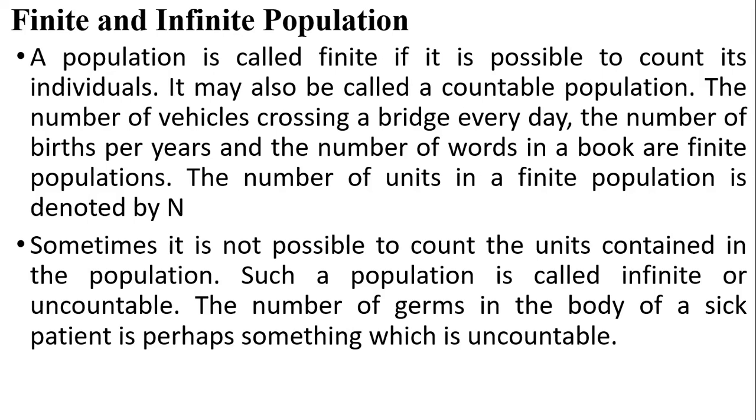Now, sometimes it's not possible to count all the members of a population. Like you cannot count the number of germs in the body of a sick person. This one is called infinite or uncountable. So when you're doing your sampling, we know that there are finite populations where you can count.